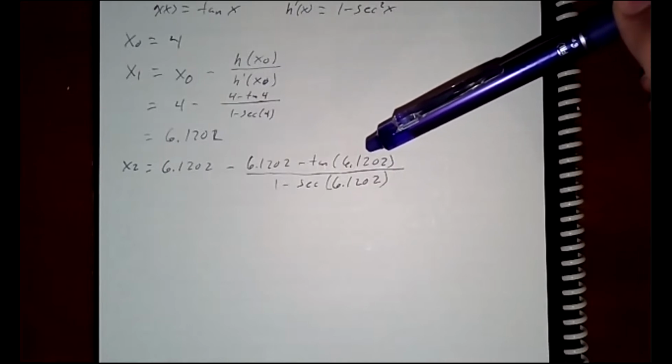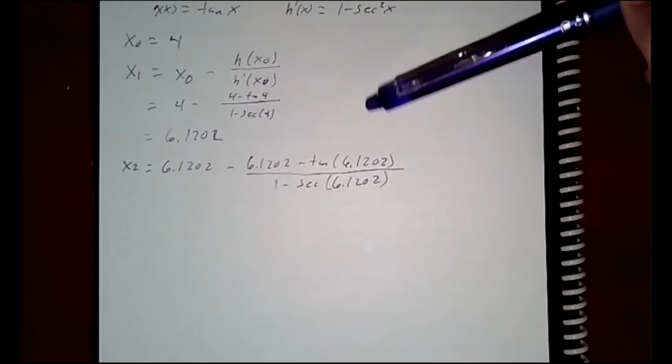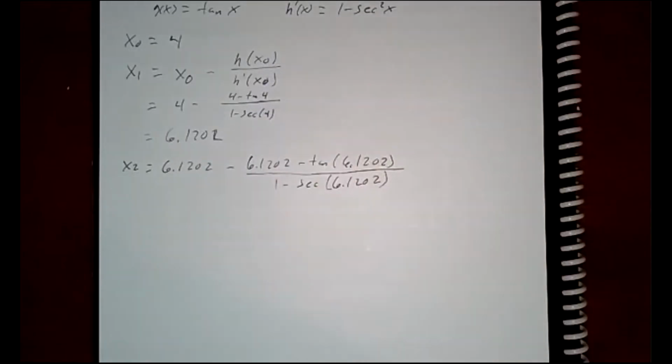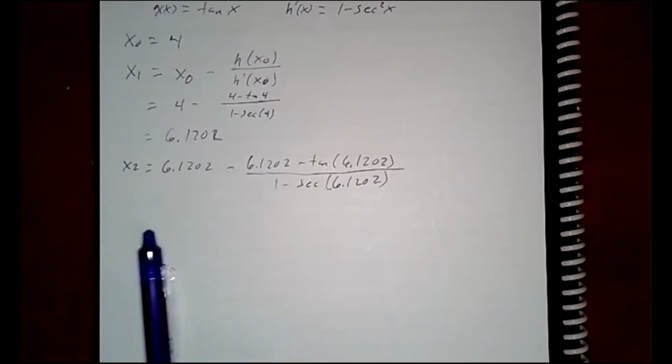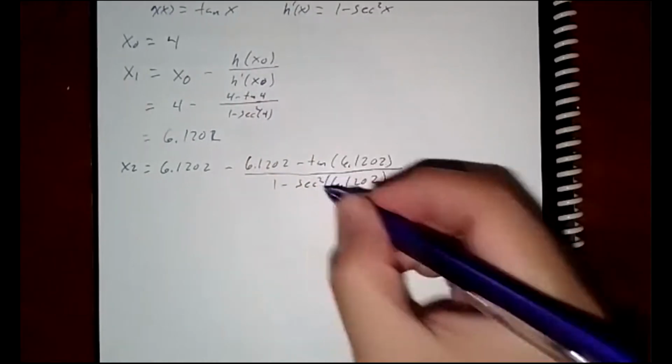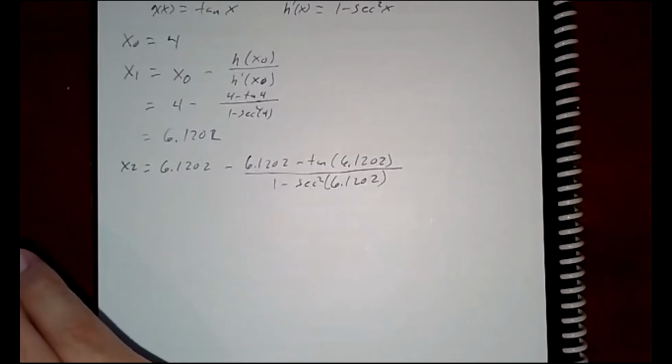Is it tan 4 still, or is it tan 6.1202? It should be tan 6.1202. Hold on, let me try something out. Maybe I did it wrong. Yeah, so I got 238.5247. I got the same. I was just concerned why it got so huge.